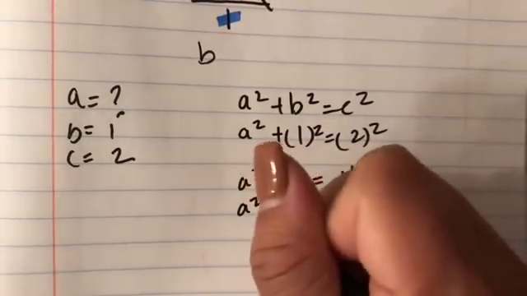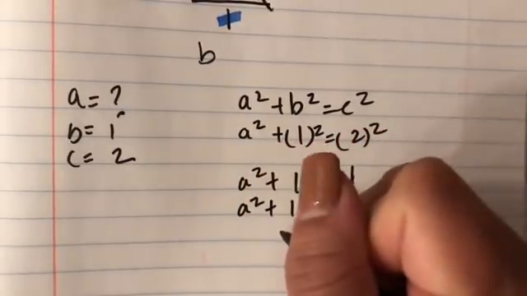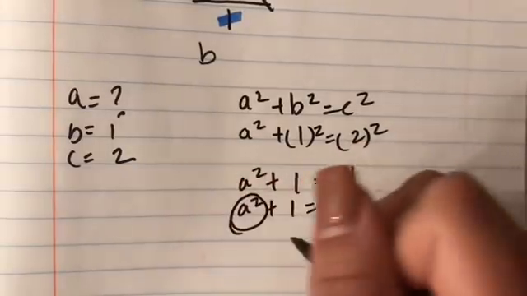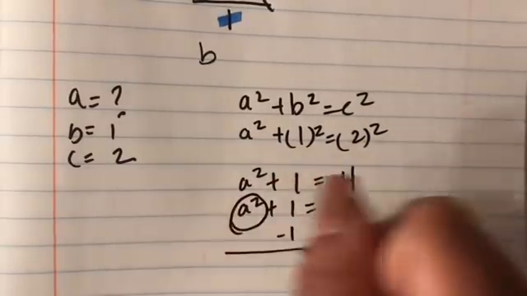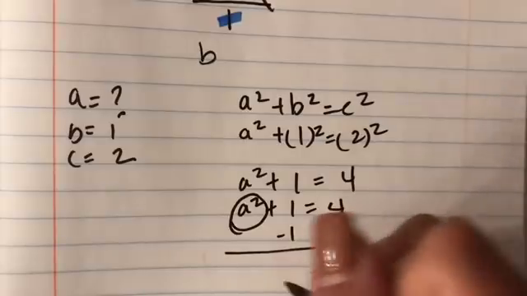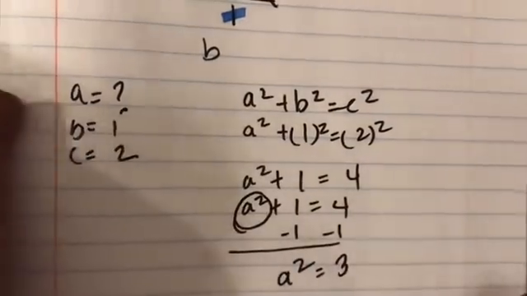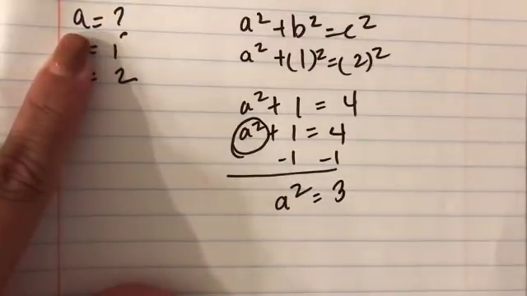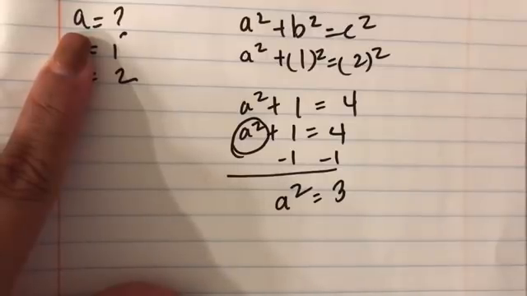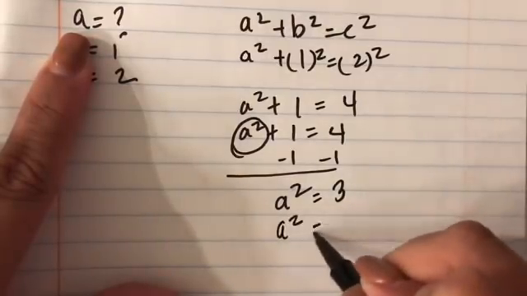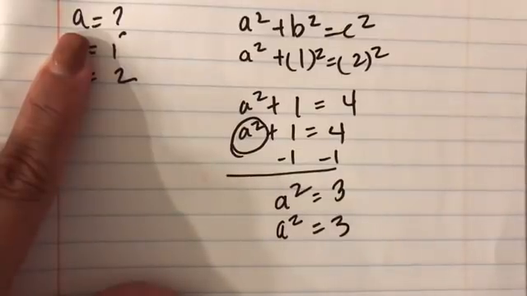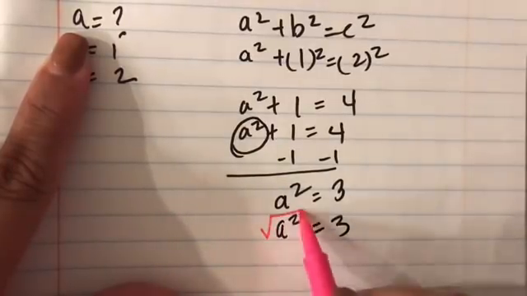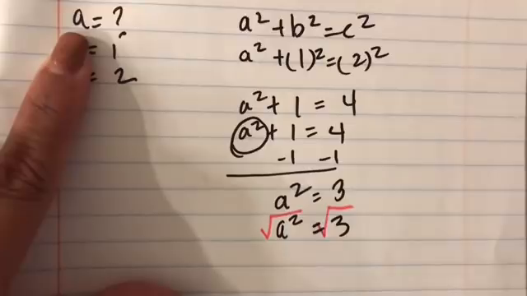A squared plus 1 equals 4. We're going to try and isolate this right here. Subtract 1 from both sides. 3 equals A squared. I want A because I just want 1 A, not A squared, so you're going to take the square root of both sides.